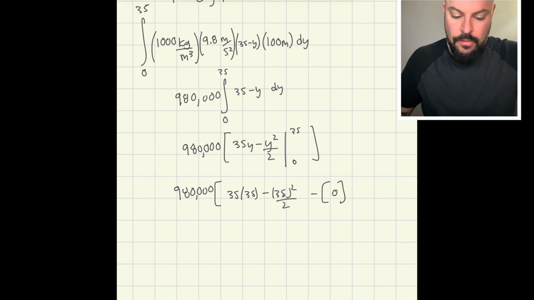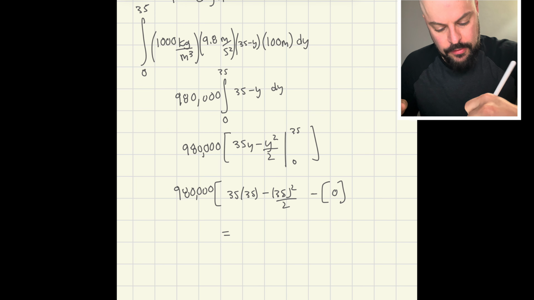I'm going to use my calculator. 35 times 35 minus 35 squared divided by 2 is 612.5. Then we multiply that by 980,000. Cool.